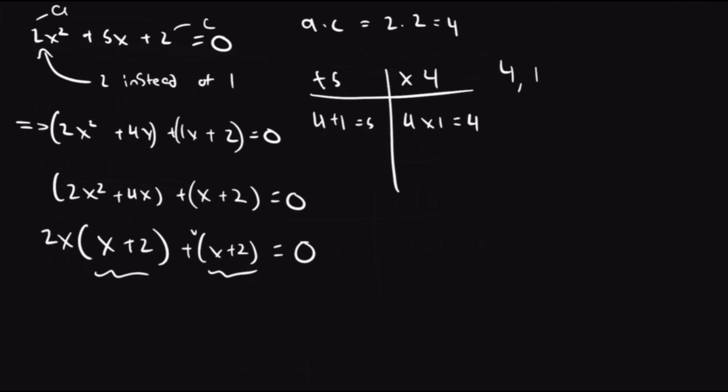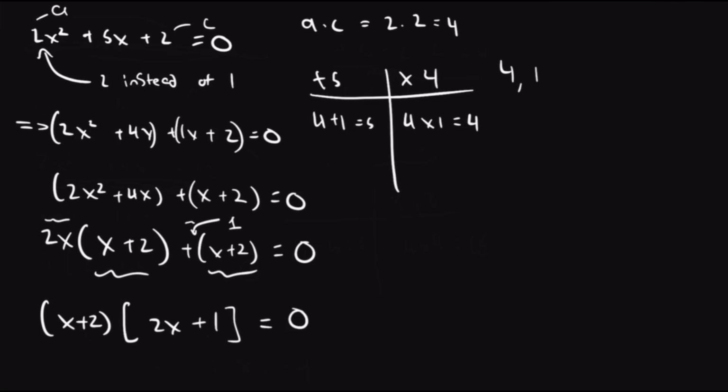One thing to note is there's an invisible 1 here you can't see. Typically we don't write it. So over here we could just factor out an x plus 2, and then in the brackets, what we're left with is 2x here, and then the 1 here. So 2x plus 1 is equal to 0.